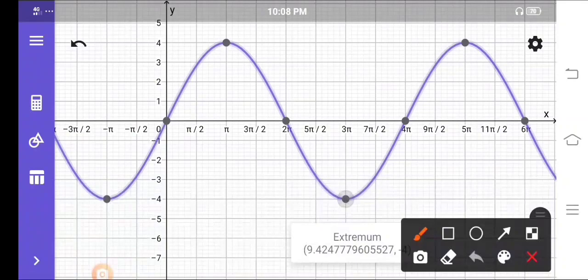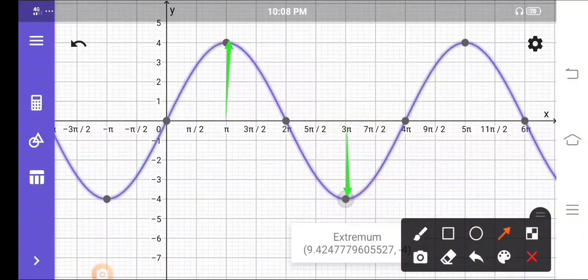The amplitude is from the horizontal line, or the x-axis, going to the maximum point, or from the horizontal line going to the minimum point. So our amplitude is 4.